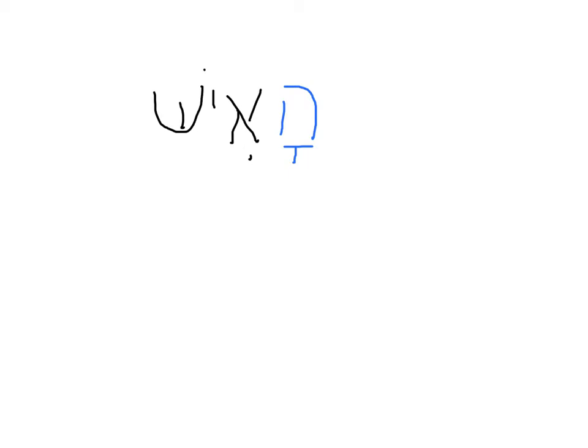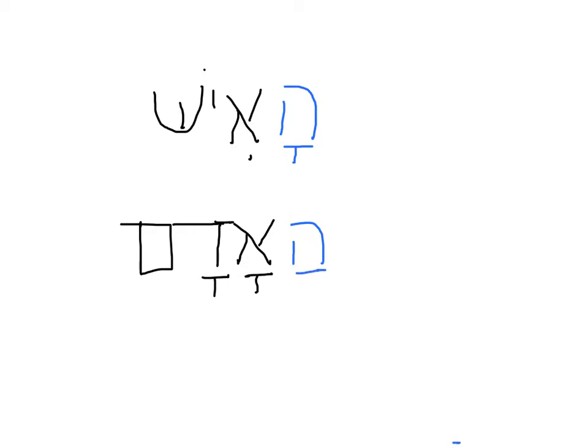So if we take, say, the word Adam, and we wanted to say the human, we would add the he, and we couldn't add a patak dagesh because the aleph won't take a dagesh, so we have compensatory lengthening.